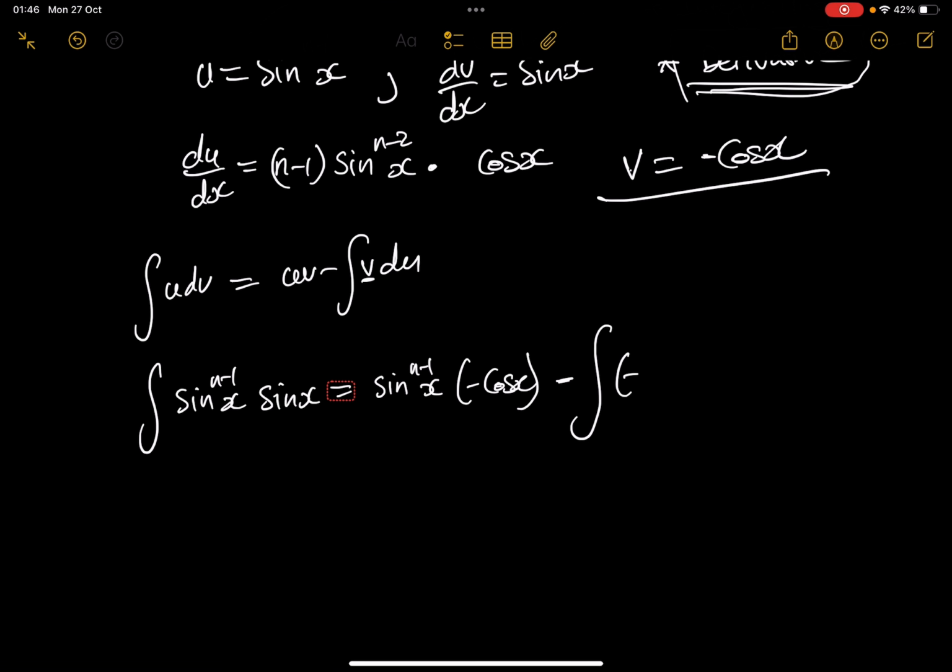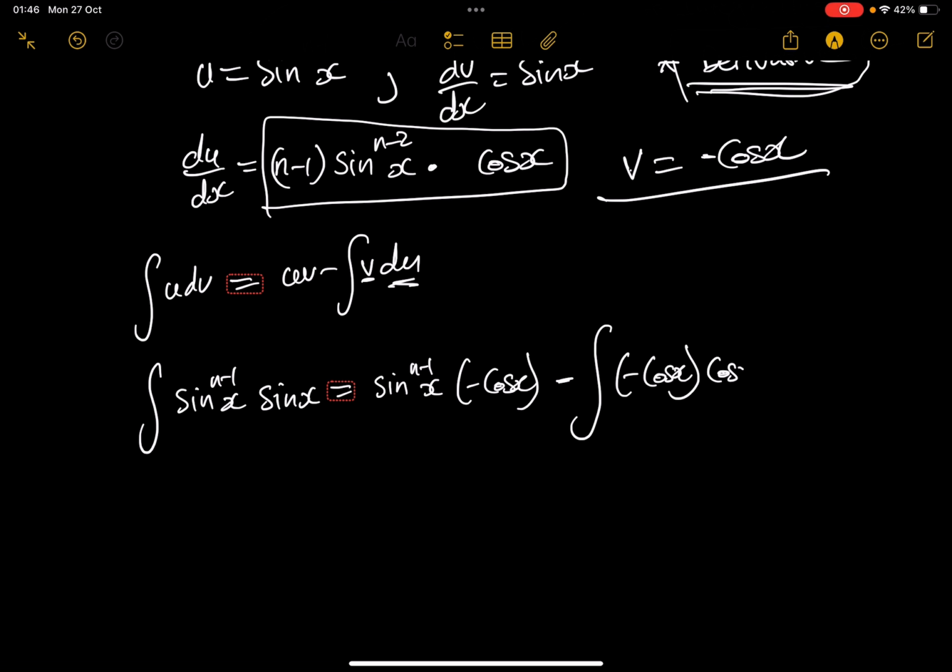What is v? It's minus cos x, right? And then du, which is cos x n minus 1 sine n minus 2x dx, right?